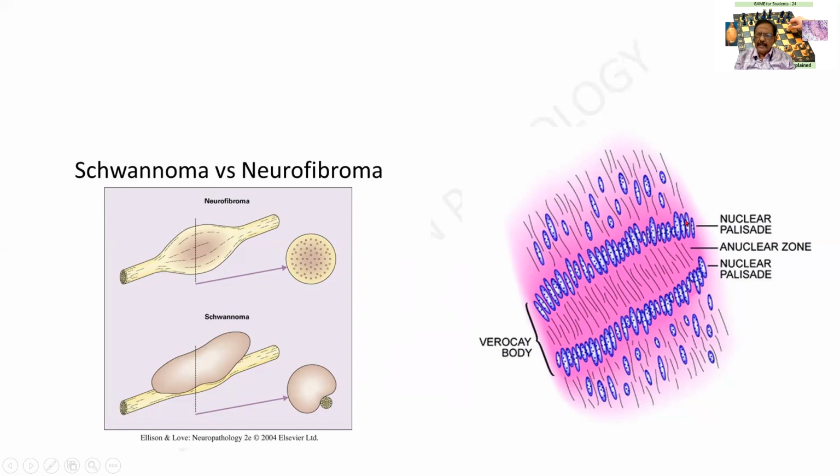This we call a palisading arrangement or a parallel arrangement. So multiple bundles of these fibers are seen, and this is called a Verocay body. Verocay body can be asked as a question. When you do answer, you score a mark for it. Remember nuclear palisading, and this is a cytoplasm.